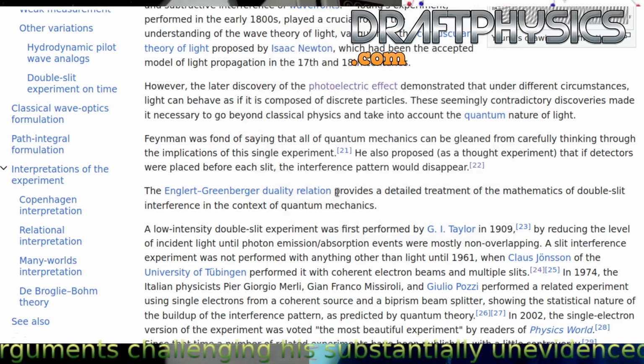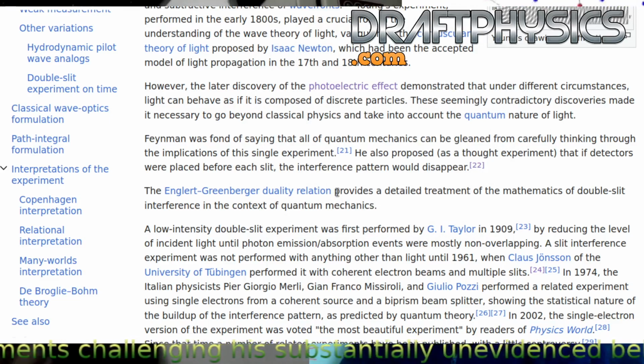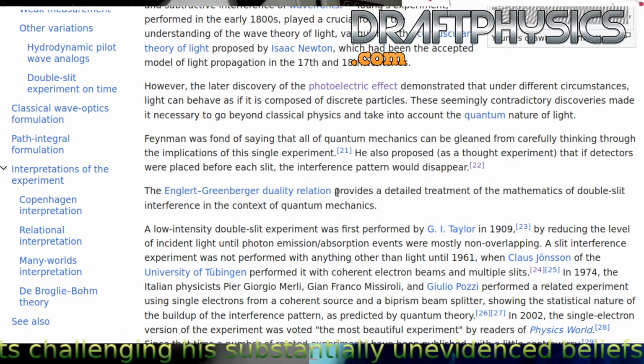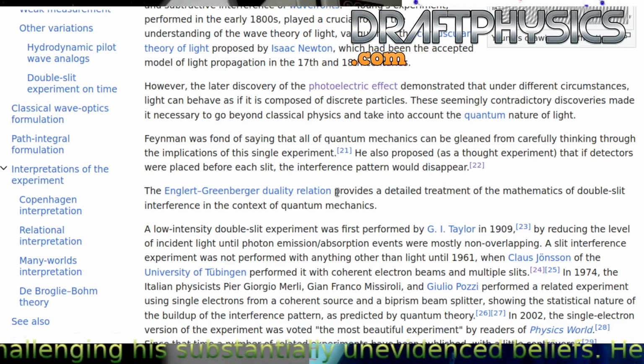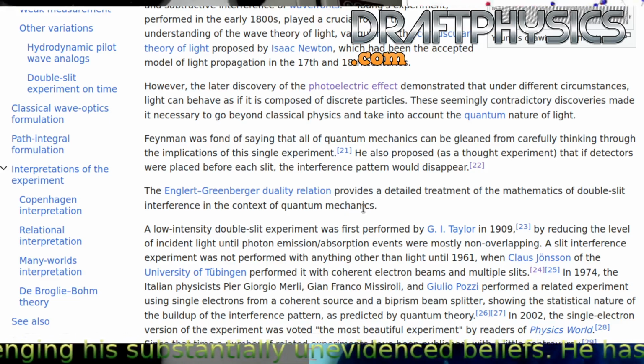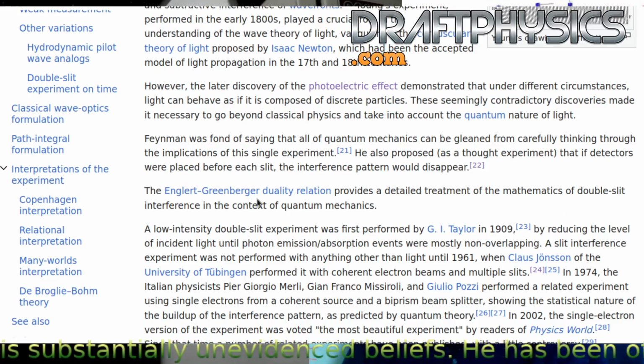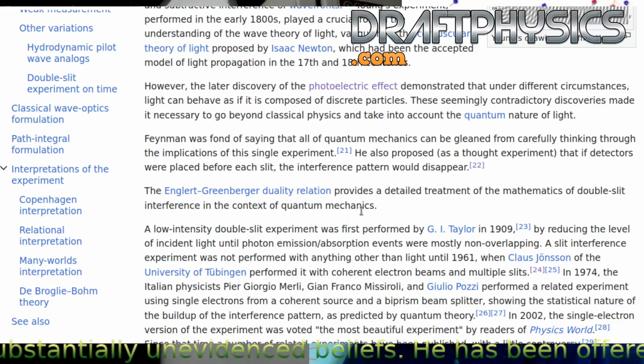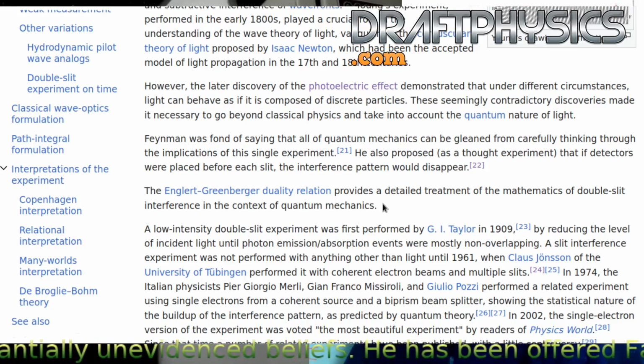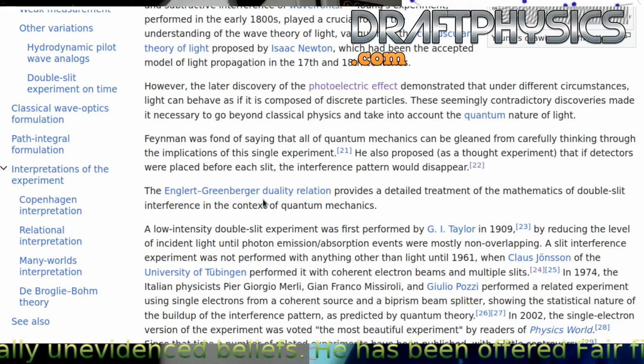Now, the relation is that it's nothing like water waves. That's the simple statement. Light doesn't do what water does. Fact. All right. Provides a detailed treatment of the mathematics of the double slit interference in the context of quantum mechanics. Well, I guess we're going to have to do that silly page, right?